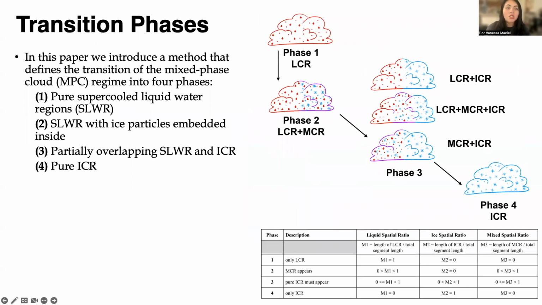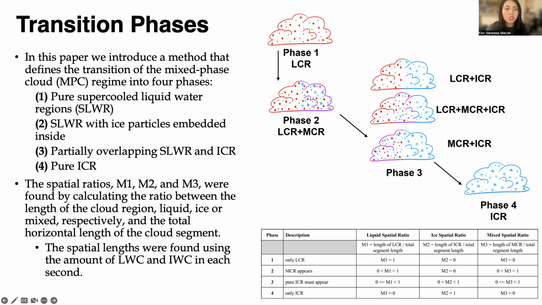So let's talk about these transition phases. In this paper, we introduced a method that defines the transition of the mixed phase cloud (MPC) regime into 4 phases: one, pure supercooled liquid water regions, SLWR; two, SLWR with ice particles embedded inside; three, partially overlapping SLWR and ICR; four, pure ICR. You can see these transition phases illustrated in the diagram to the right.